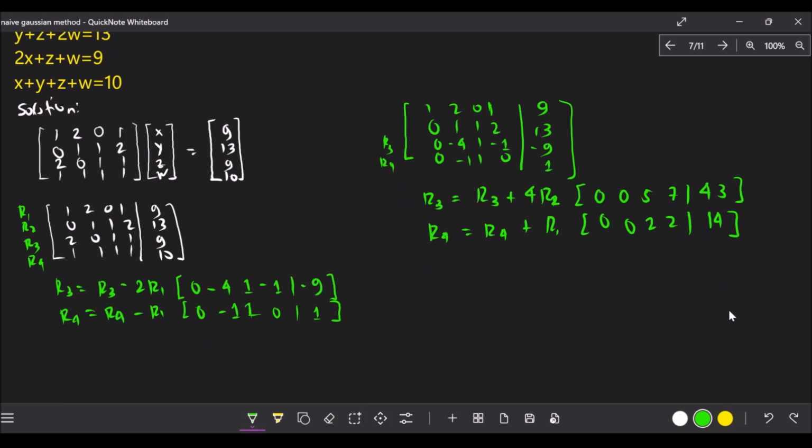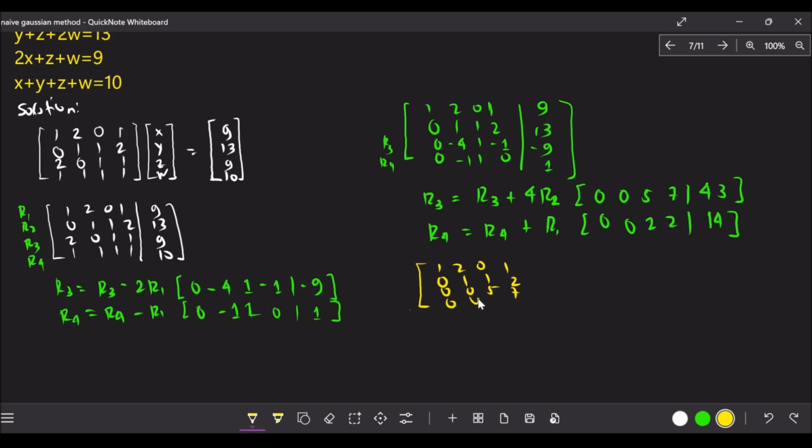Okay, so rewriting now our new augmented matrix. So we have 1, 2, 0, 1, 0, 1, 1, 2. Then we have 0, 0, 5, 7.